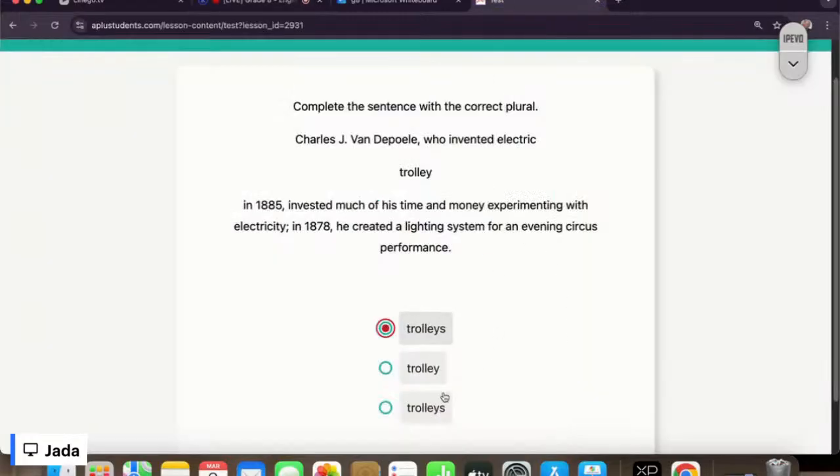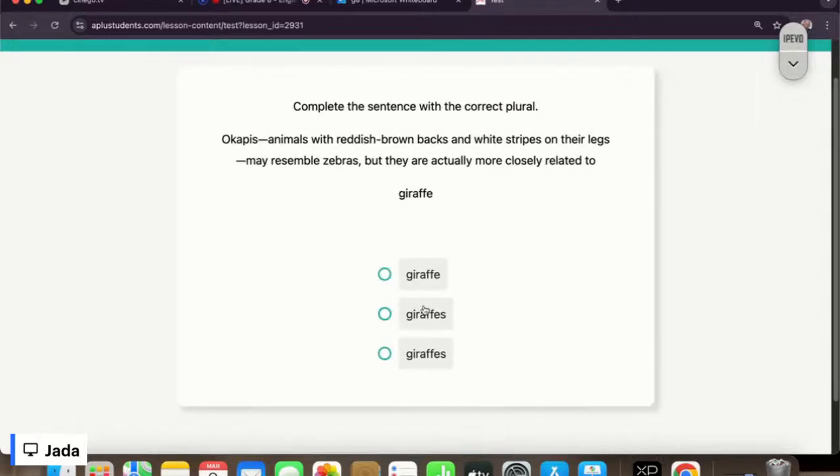Okay, so we have what? The first one. Okay, so is it the first, second, or third here for giraffes?